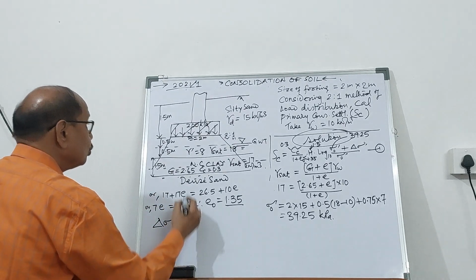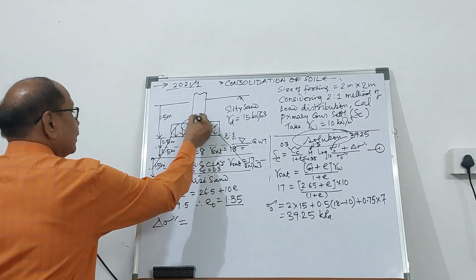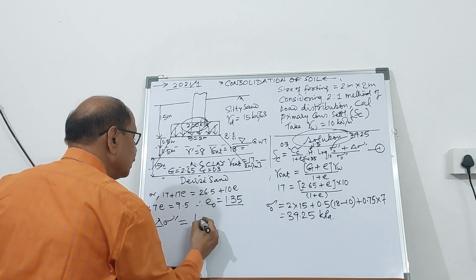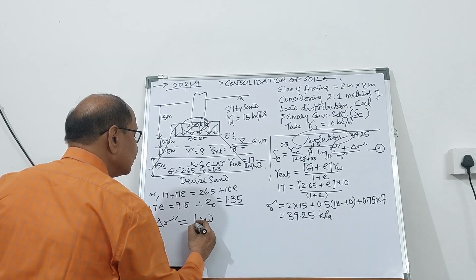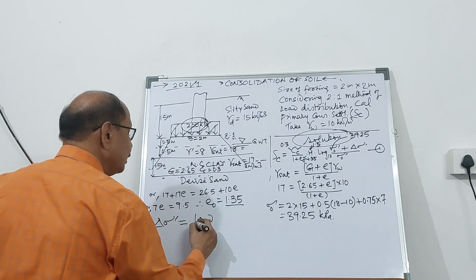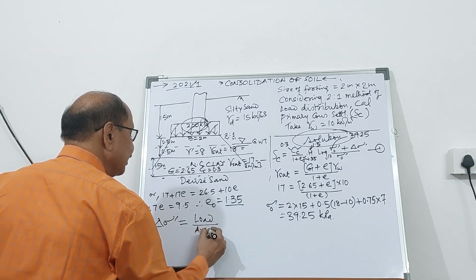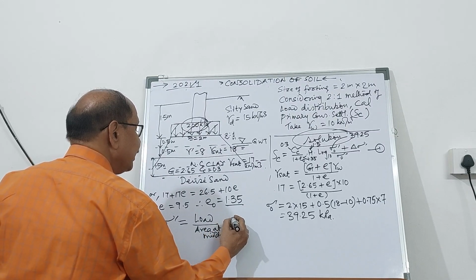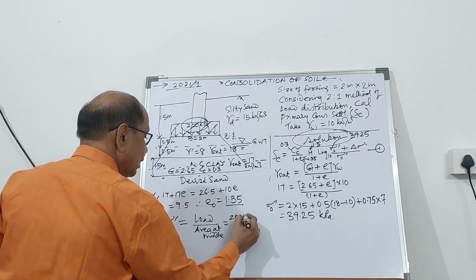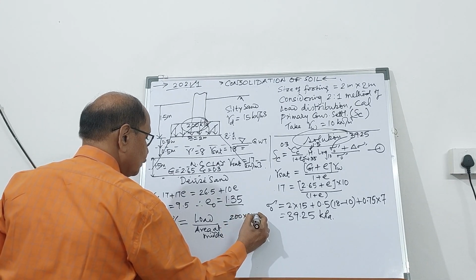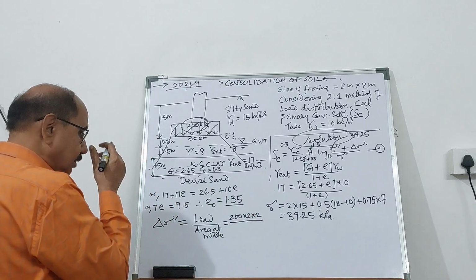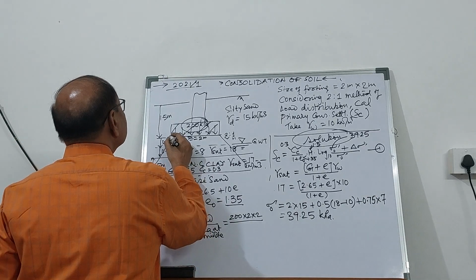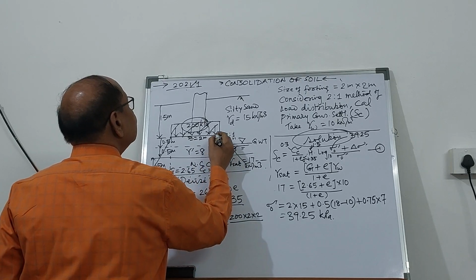That is due to this intensity of loading at the base of the footing. So, what is the load divided by area at the middle of the clay layer? The load is 200 kilopascal multiplied by 2 into 2, that is the area of the footing. So, the total load divided by area at the middle layer, with 2 vertical to 1 horizontal spread.